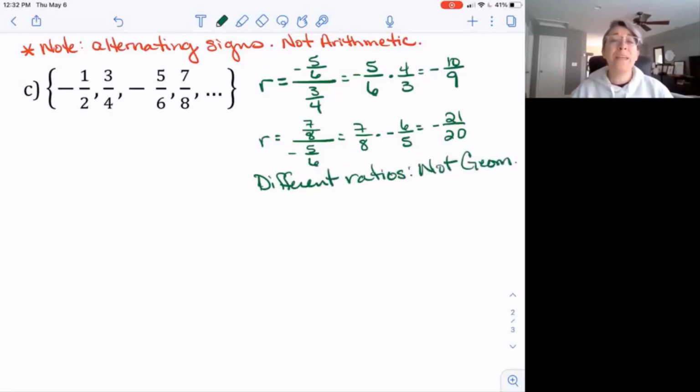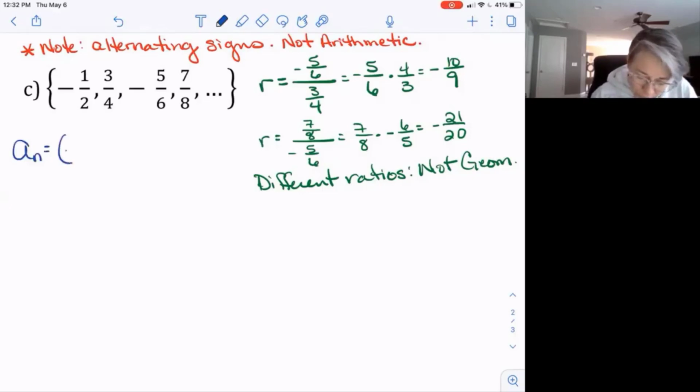But that doesn't mean we can't figure out what this formula is. So we do know that there's an alternating sign. Remember before when we had that alternating sign where the first guy was negative, we just have a -1 to the n. Just multiplying by that every single time will flip-flop the signs for us. Now we've got to figure out what kind of pattern is going on.